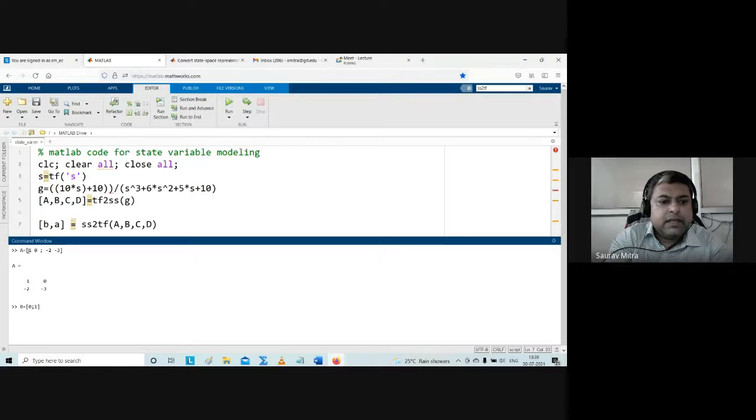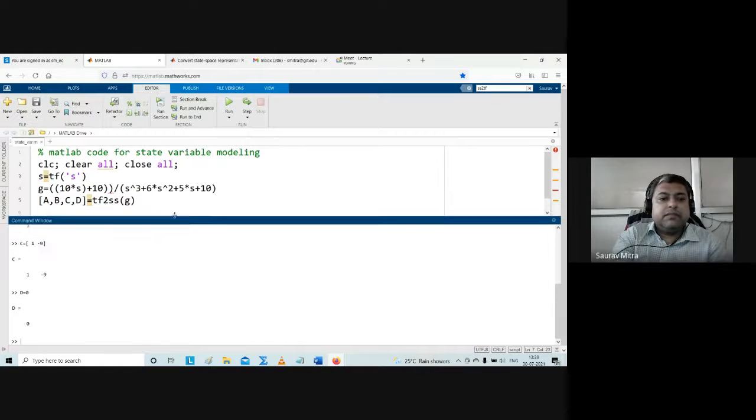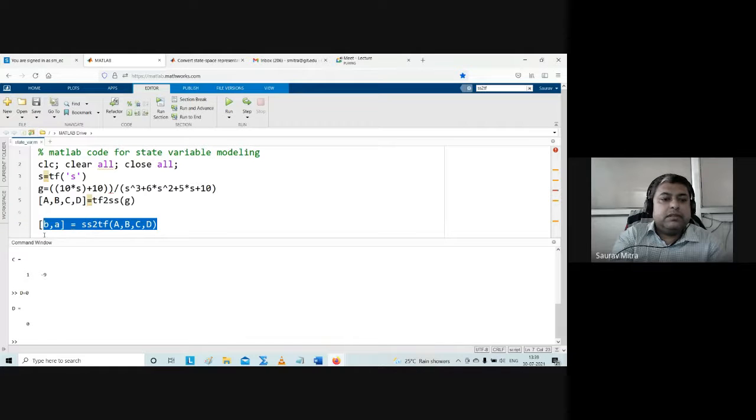Now C matrix, dimensions are very important. C matrix is 1 comma, let's say, minus 9. You should never make a mistake here, and D matrix is equal to 0. How to define ABCD matrix is a very important thing. Then I will write [B, A] is equal to ss2tf of ABCD.